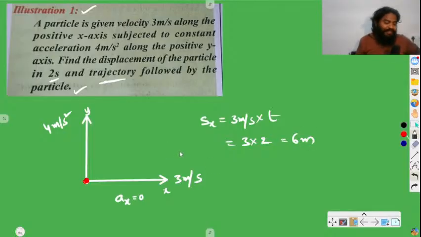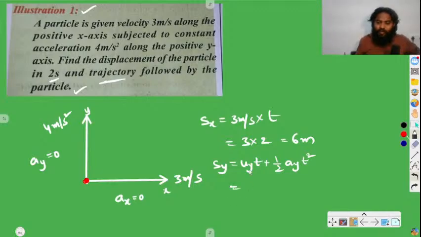Along the x-axis it will go 6 meters, and along the y-axis, if you observe in this problem, there is an acceleration along the y-axis, right? So that's why sy is equal to uy t plus half ay t square. Now here uy, initially there is no velocity along the y-axis, so this term becomes 0, plus half a t square.